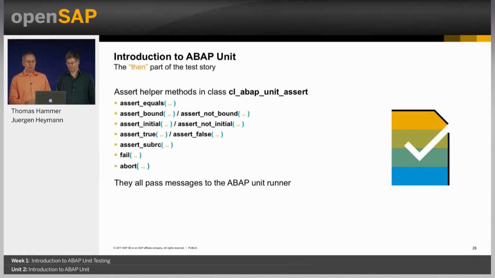And then you have the abort statement, which is meant for, at the beginning of your test, you might want to check if you have some dependencies on the system. If this system you're currently in has these dependencies and you are supposed to run here, or you are not supposed to run here. And if you're not supposed to run here, then the abort statement is the statement of choice to tell the framework, I have to abort this test because this test doesn't run here. And then the whole test run is aborted.